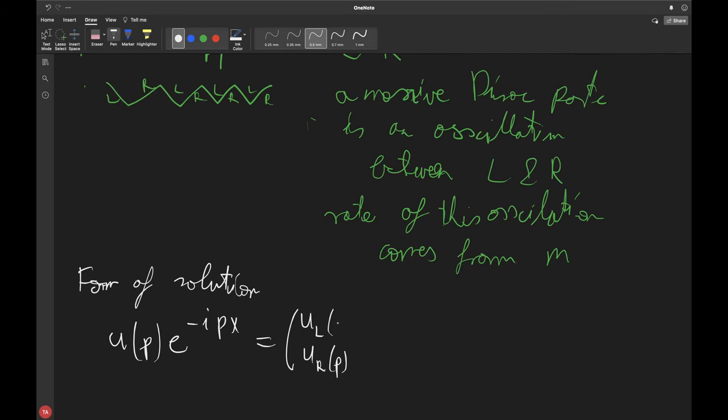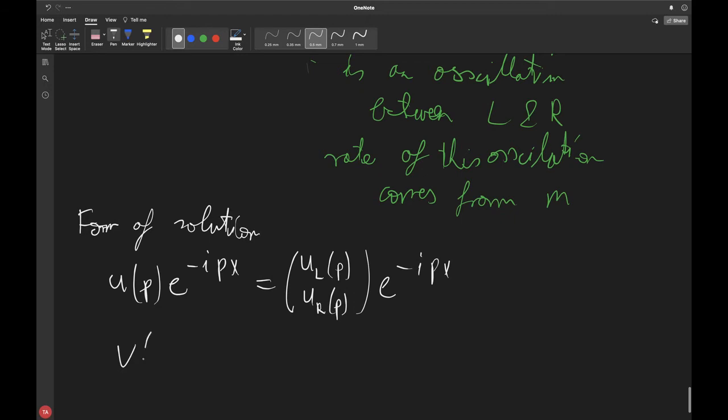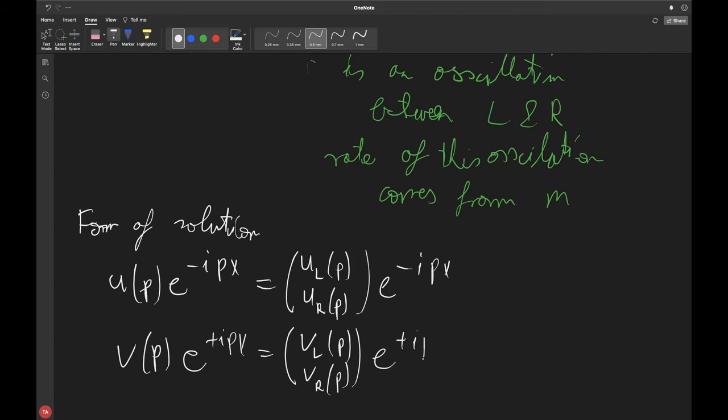So these both depend on p. And let's also look for the second one as v(p), with the exponential with a plus sign, ipx, which again has two components, v left and v right. This depends on p. Physical meaning is that this describes the particles and this describes the antiparticles.